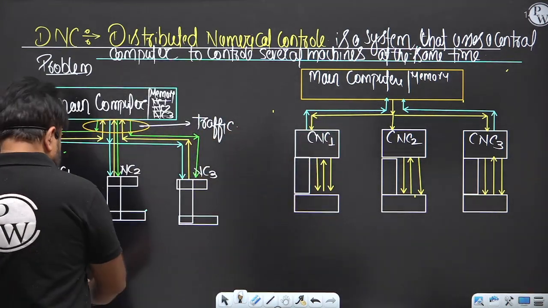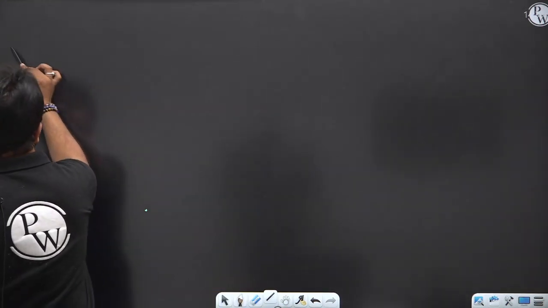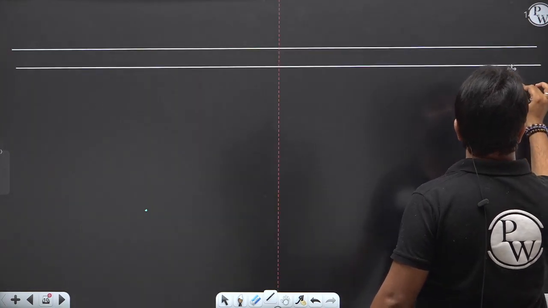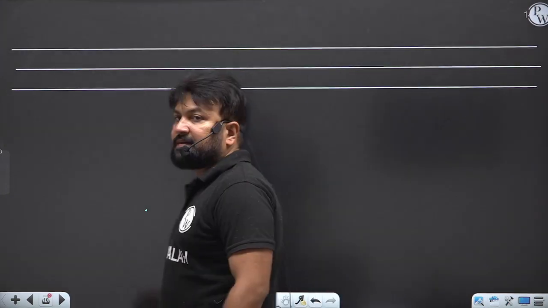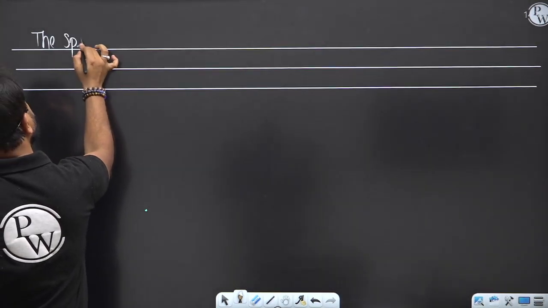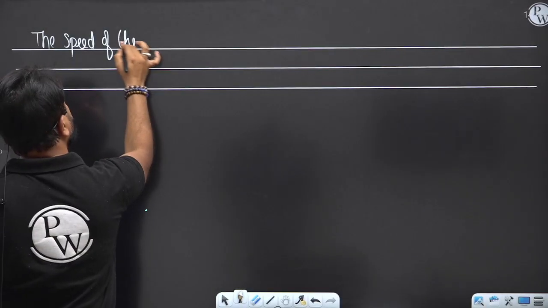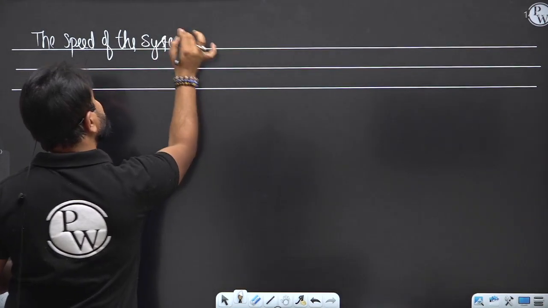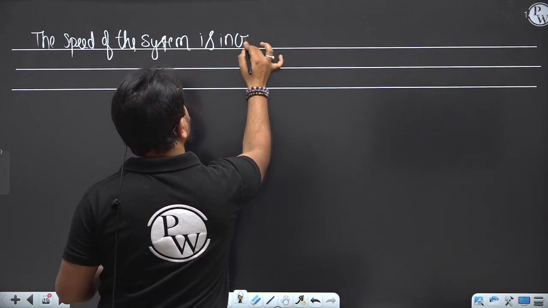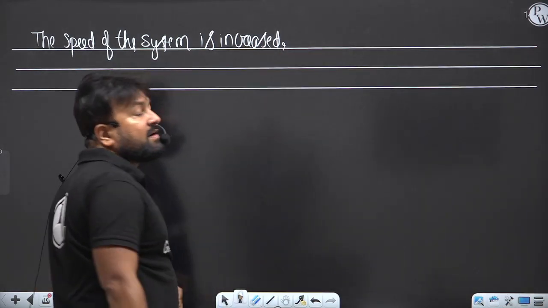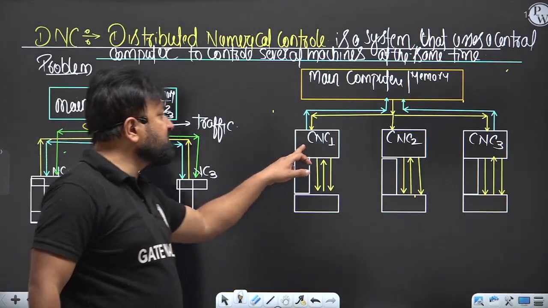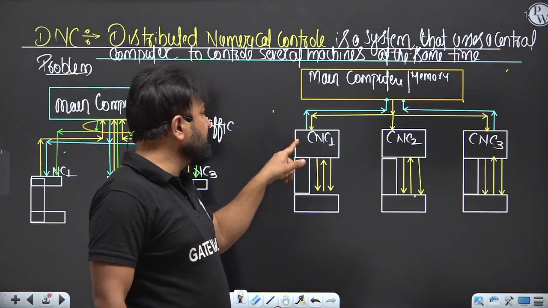So overall in this DNC system, the speed of the system is increased, and it is easier to maintain a large file in its own CNC, because it is a computer, a highly capable microprocessor.